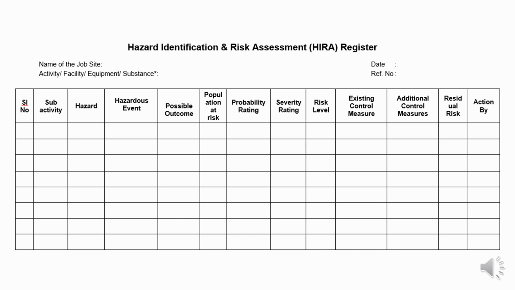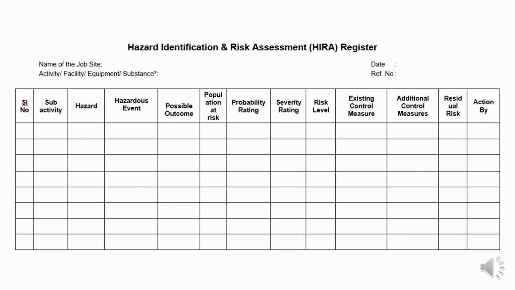The next column is hazard; with respect to each activity we need to identify the hazard. Then the next column is hazardous event; with respect to each hazard we need to consider the hazardous event. In the next column is the possible outcome, so against each hazardous event the possible outcome will be mentioned.